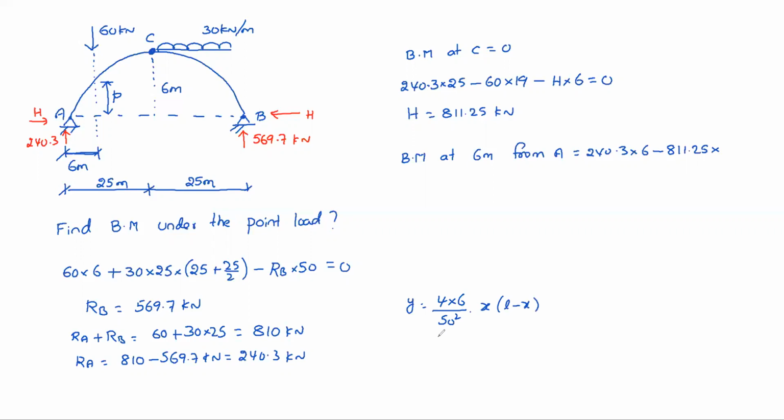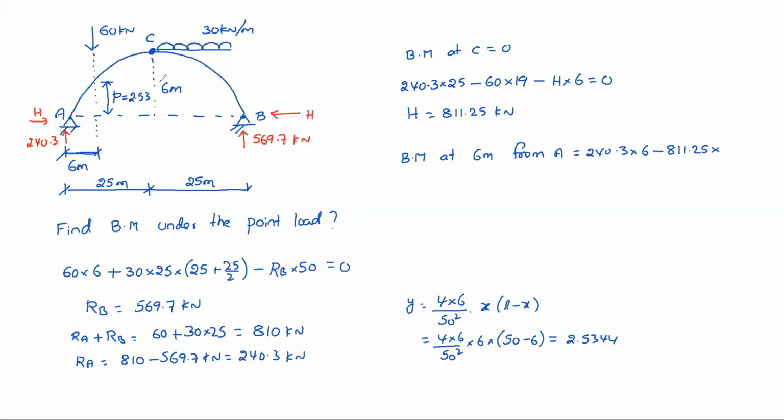That is 4 into 6 by 50 square, x is 6, l minus x is 50 minus 6, which is 44. So the height p equals 2.5344.